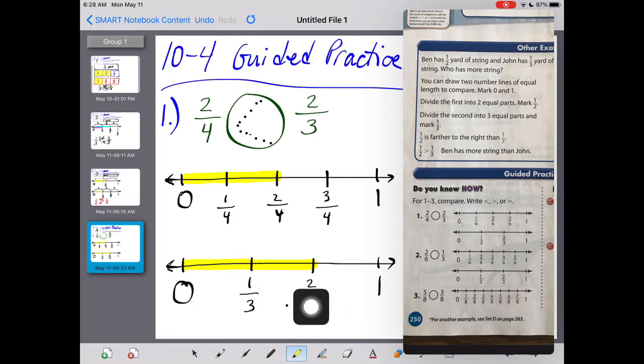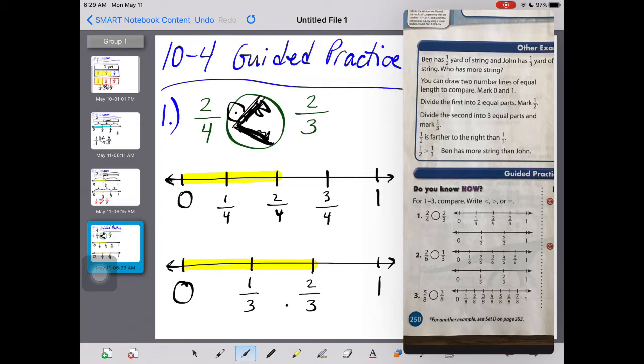Look who went further to the right on the number line. 2/3, just as we predicted. So we are correct. We can say that 2/4 is definitely less than 2/3. That alligator's mouth is open up to the larger piece.